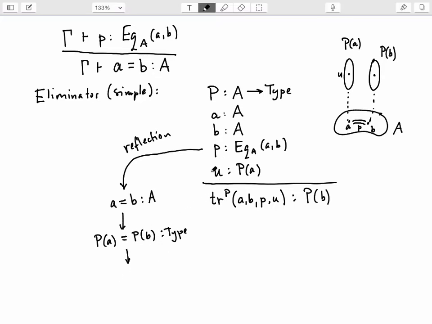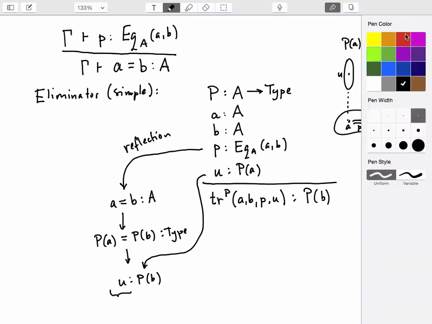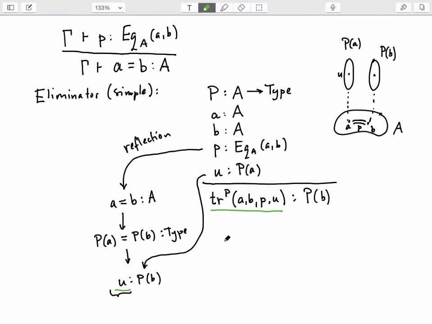Because I already have u in P of a, these two together give me that u is in P of b. And so this simply is my transport. This is what we were looking for. It's this one. This is that. So you see that you will get a very, very strong eliminator. So essentially it doesn't do anything.